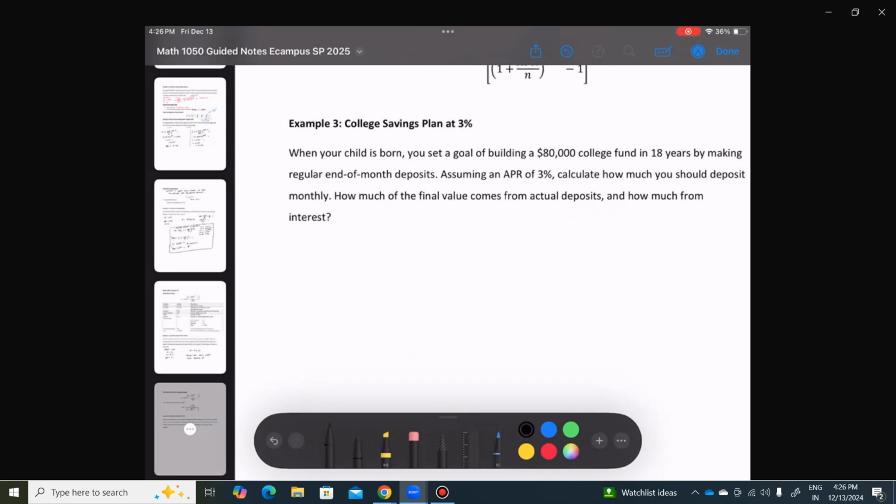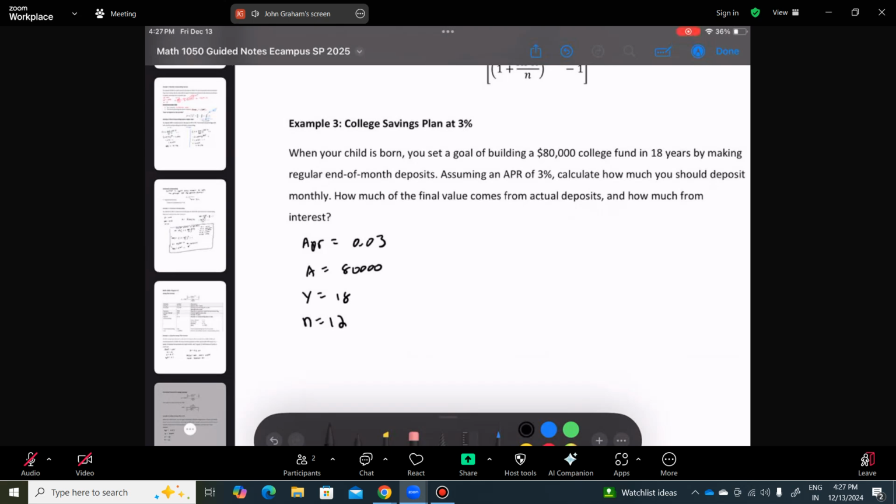Assuming an APR of 3%, calculate how much you should deposit monthly. So APR is 0.03, the amount you're trying to earn is 80,000, the years is 18, and you're doing this monthly, so N is 12.